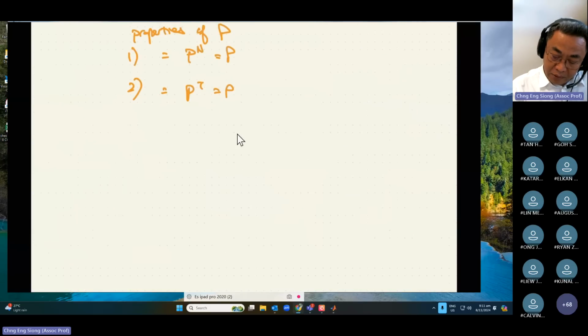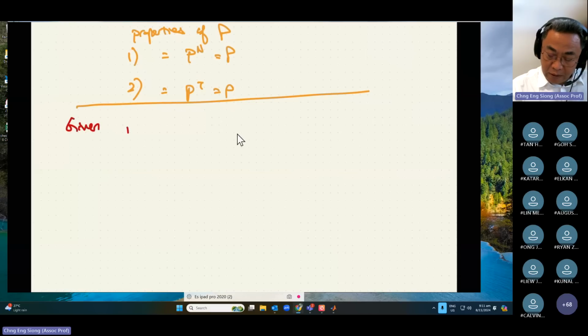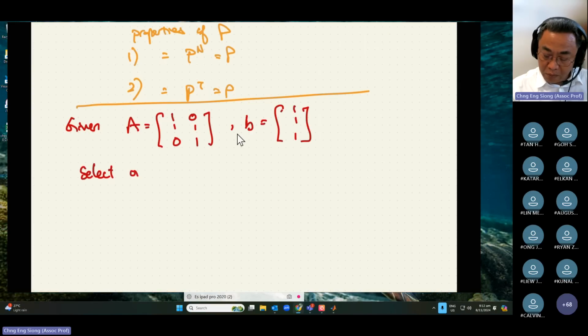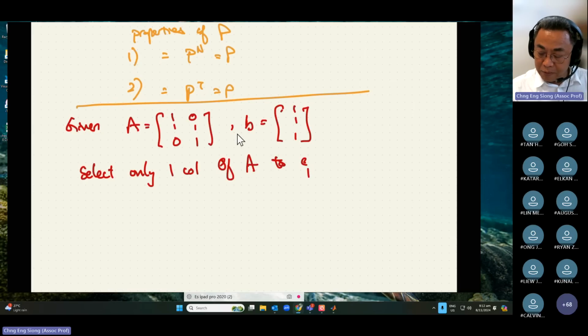I repeat the question. Given A equals 1, 1, 0, 0, 1, 1 and B equals 1, 1, 1, select only one column of A to approximate B. Which column to select to result in least error?